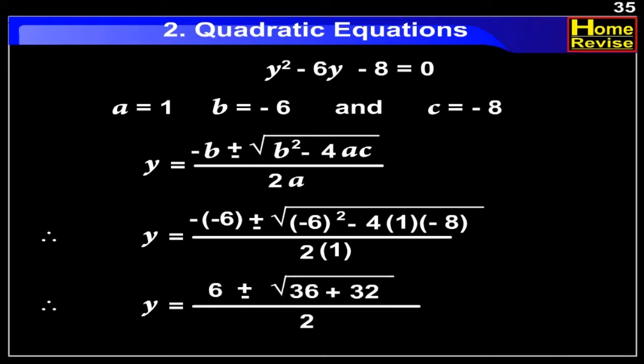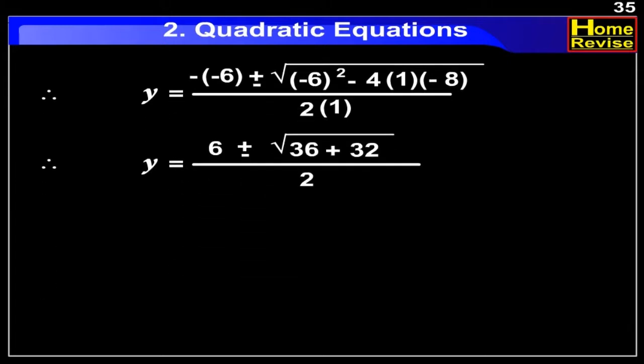Therefore, y is equal to 6 plus or minus under root 36 plus 32 upon 2. Therefore, y is equal to 6 plus or minus root 68 upon 2.